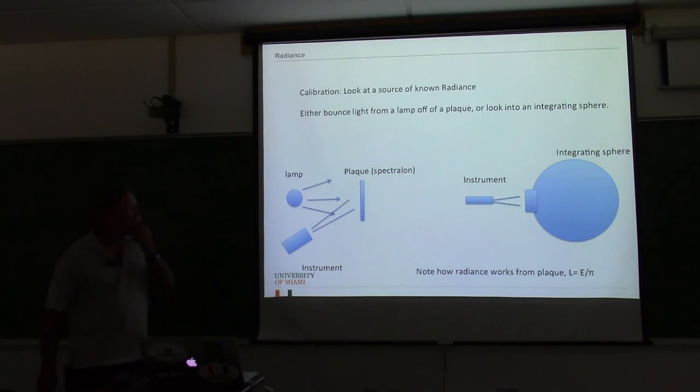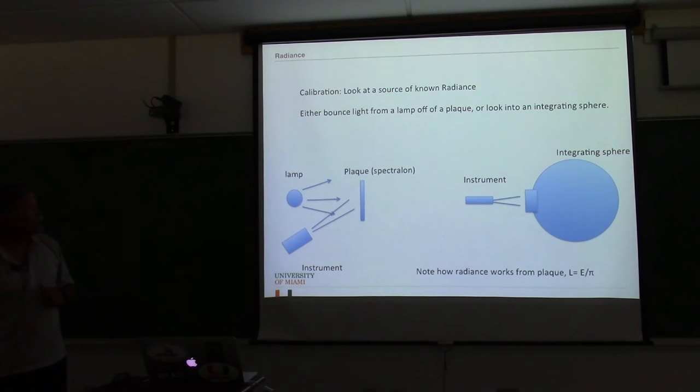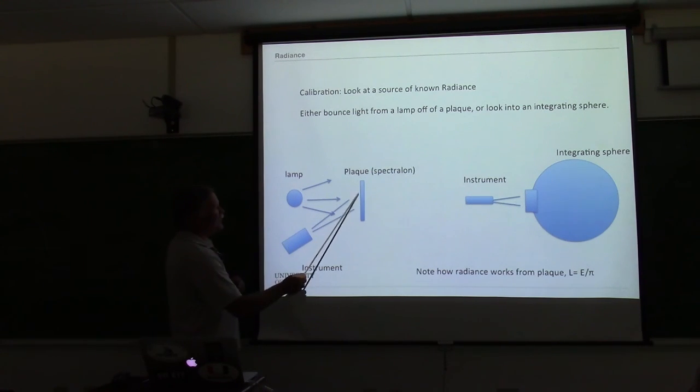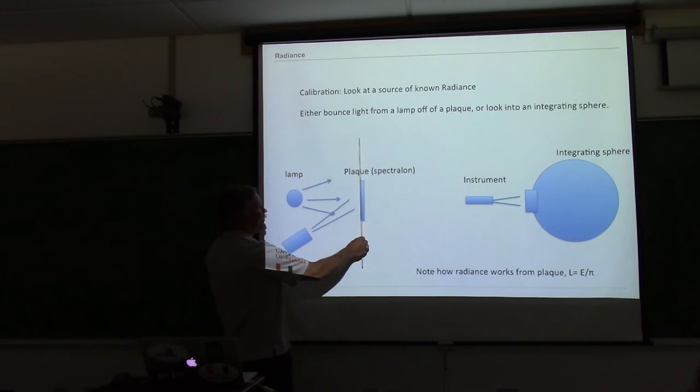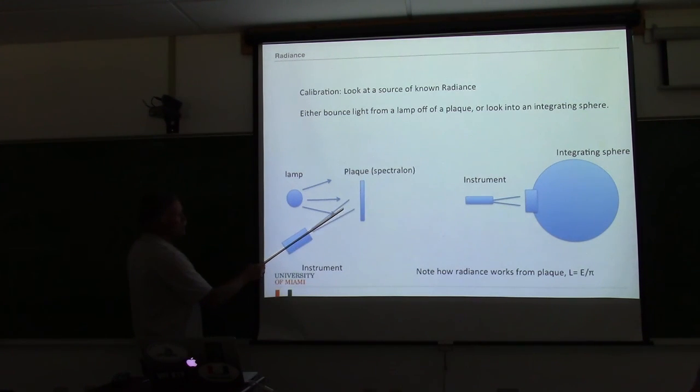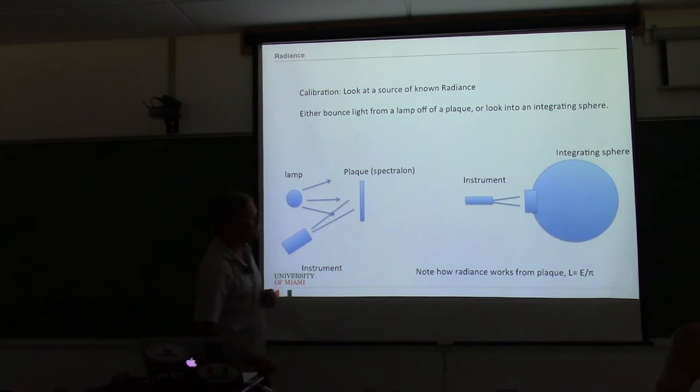The way you calibrate a radiometer, a radiance detector, is you either have a lamp, or you take your irradiance source from before and shine it onto a plaque, a spectrally reflective surface that you know the reflectance of. You view that plaque with your radiometer and hopefully have a uniform radiance source across what you're viewing.